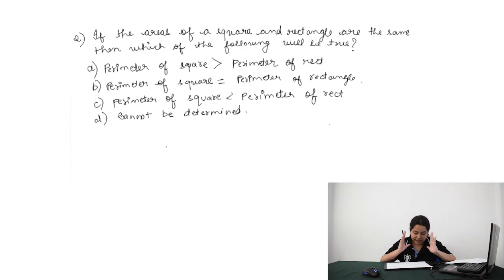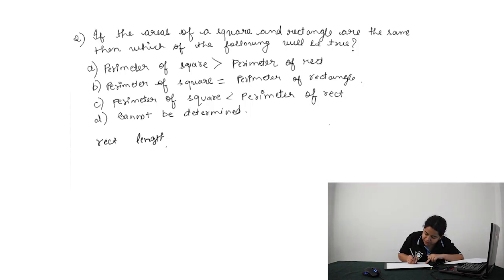Let us imagine a rectangle and a square which are having equal areas. So we can take an example of a square which will be having a side of length 4 meters and a rectangle which would be having the length of 8 meters and breadth 2 meters. So the rectangle length would be 8 meters and the rectangle breadth would be 2 meters.